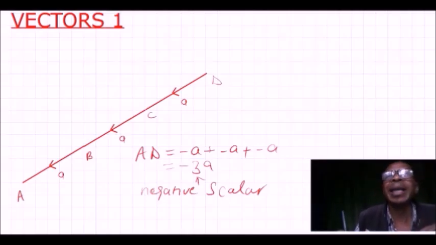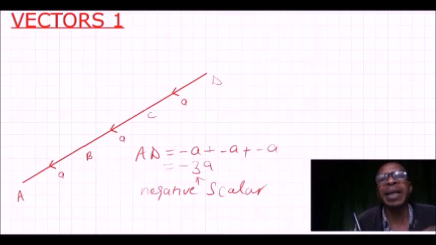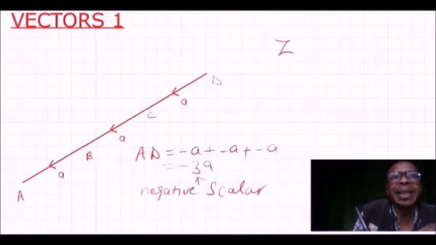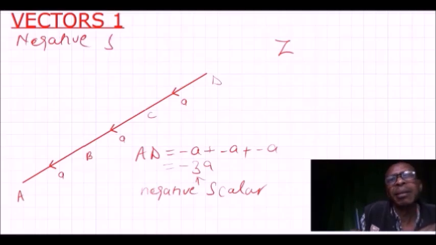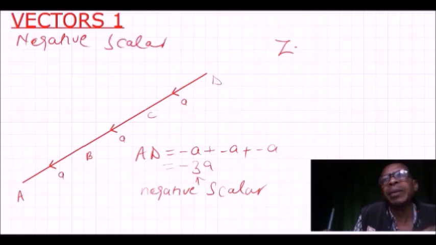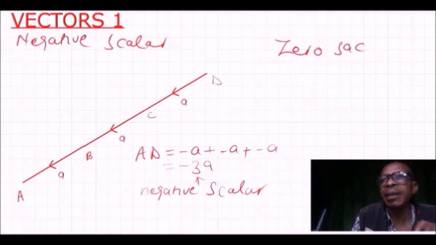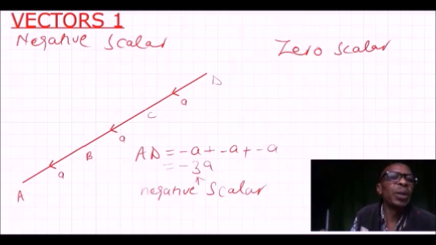Then before I move again, this is a negative scalar. Then we have zero scalar. Zero scalar is when we multiply a vector by 0.